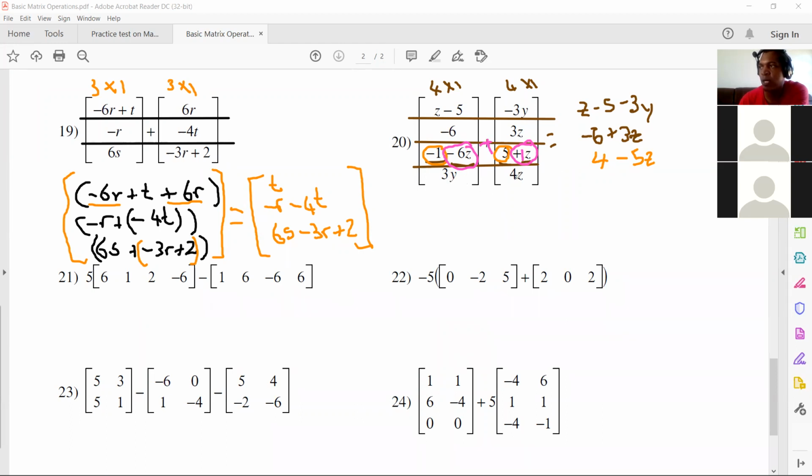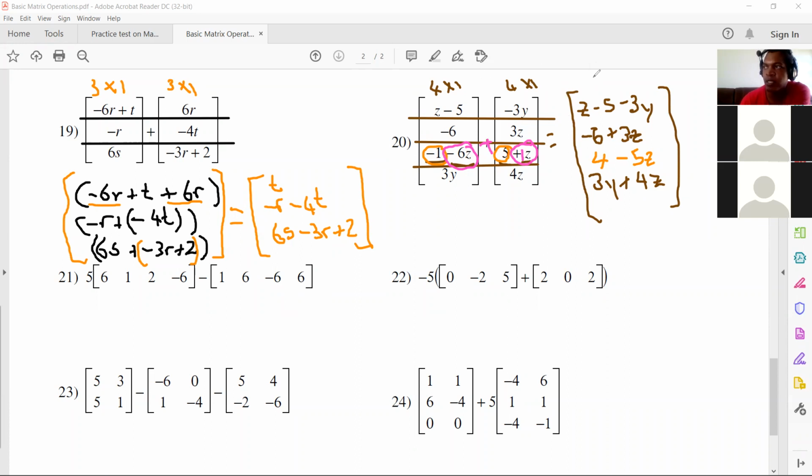And then the 3y plus the 4z, those are all unlike terms. So I will end up with a 3y plus a 4z. So here, and then finally, once I've written down all of them like that, then I can now close off with my square brackets, and that is basically how our matrix should look.